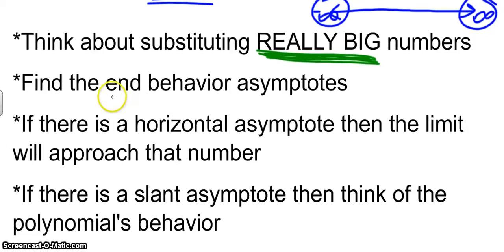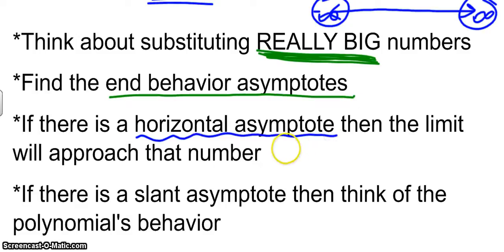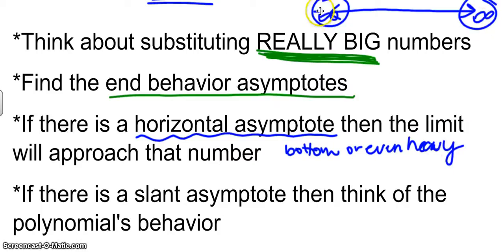Similarly, you can think about the end behavior asymptotes. If we know that there is a horizontal asymptote, so remember that was if it was bottom heavy or even heavy, then as our function goes to infinity or as our function goes to negative infinity, we're going to approach that number with our limit.